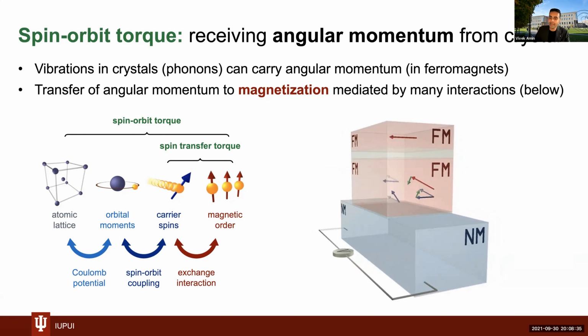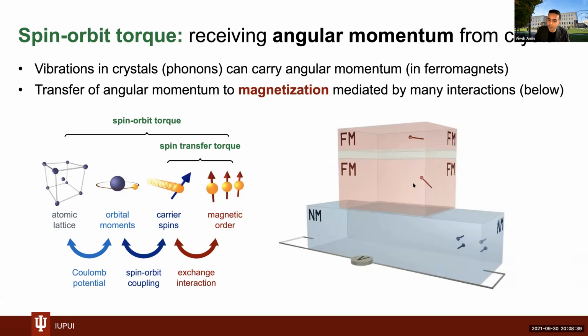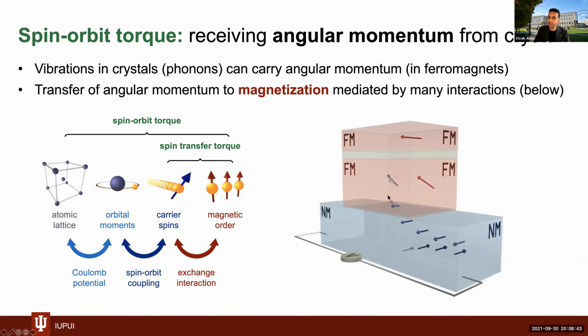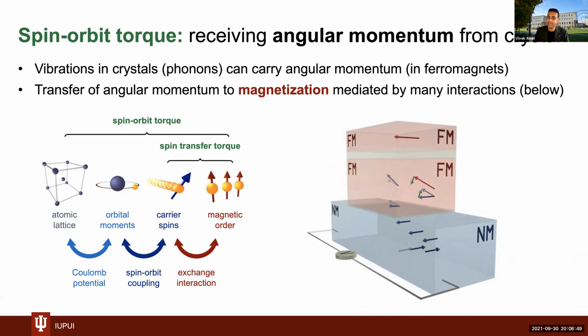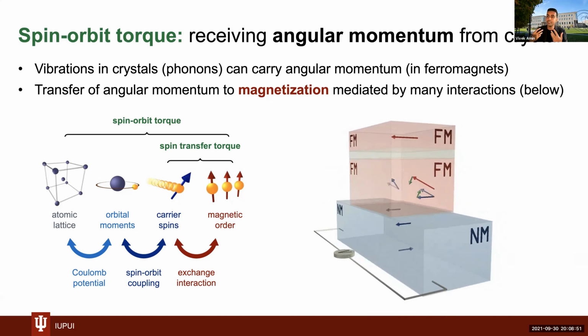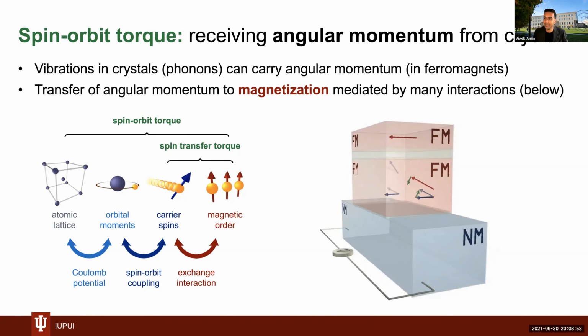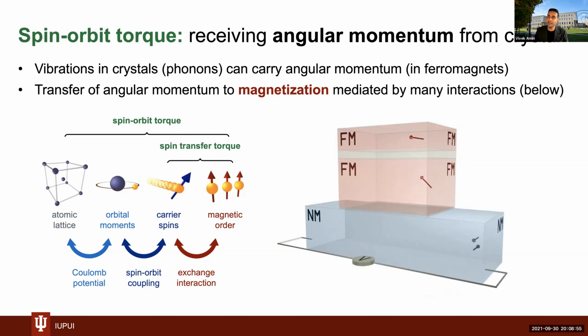What you end up getting is a spin current, or a flow of spin angular momentum, in the direction that's transverse to where the current was going. When that spin angular momentum flows into the ferromagnetic layer, it interacts with the magnetization and is able to transfer the angular momentum. That's how we can control the direction of the ferromagnetic layer.